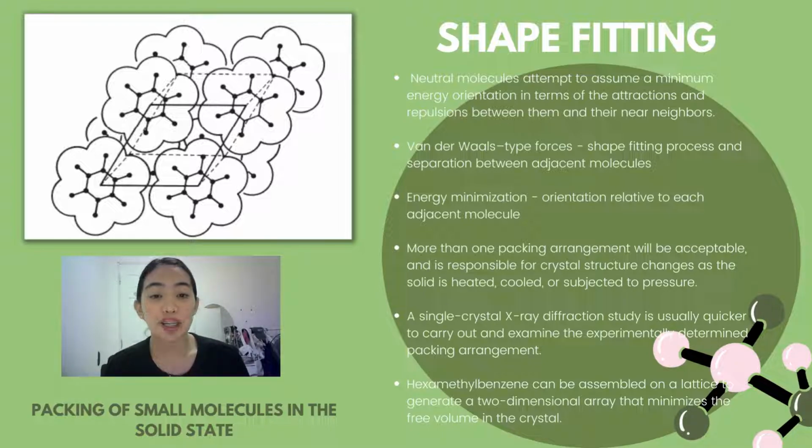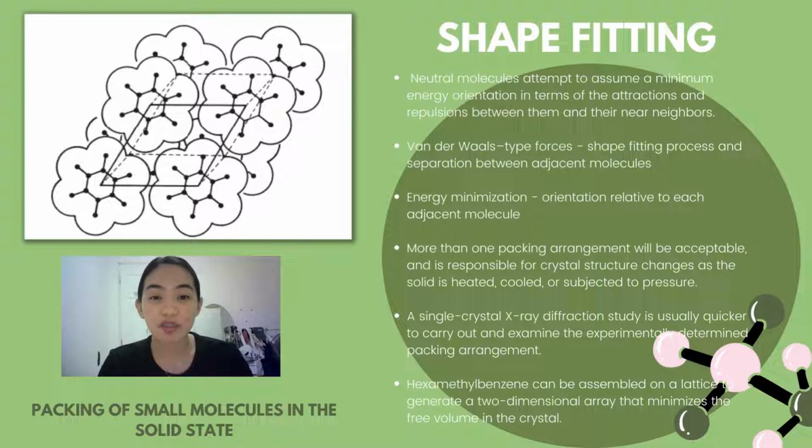More than one packing arrangement will be acceptable and is responsible for crystal structure changes as the solid is heated, cooled, or subjected to pressure. It is also possible to calculate the minimum energy packing arrangement using known or predicted interaction parameters. However, a single crystal X-ray diffraction study is usually quicker to carry out and examine the experimentally determined packing arrangement.